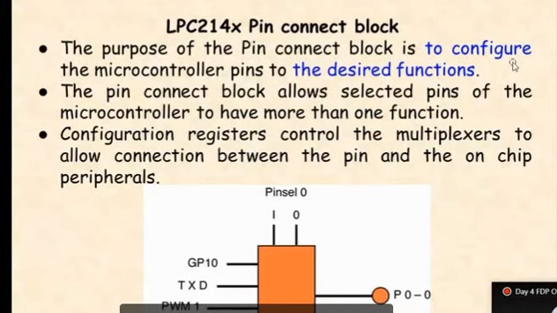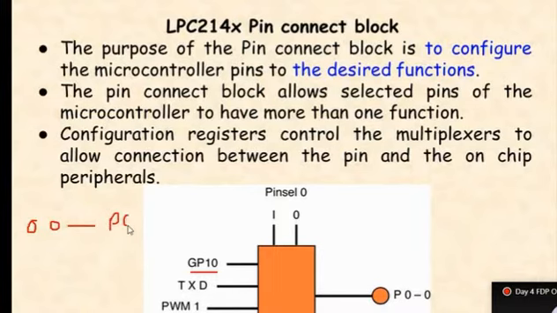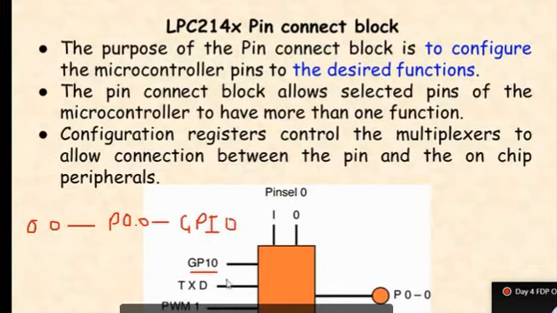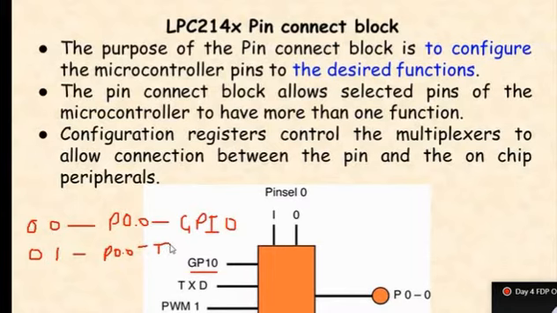So if this pin select is 0 0, then your first function, your P0.0 is GPIO, which means general purpose input output. If pin select is 0 1, then P0.0 is TXD.